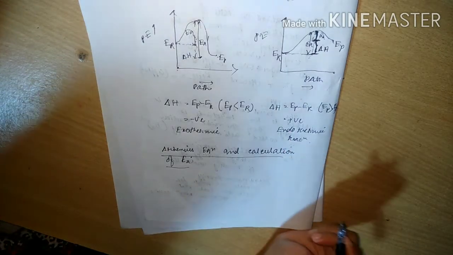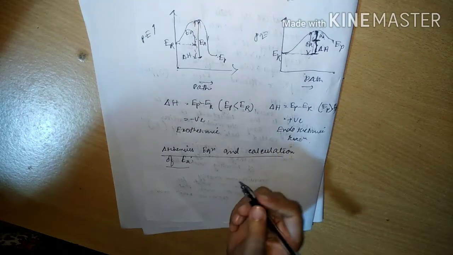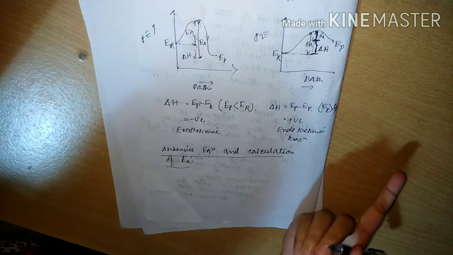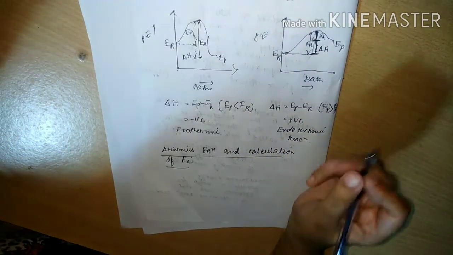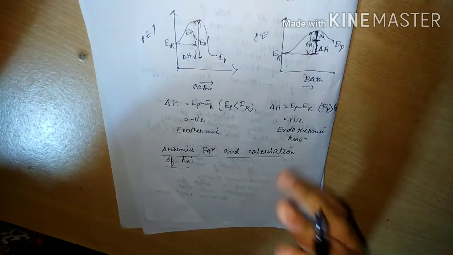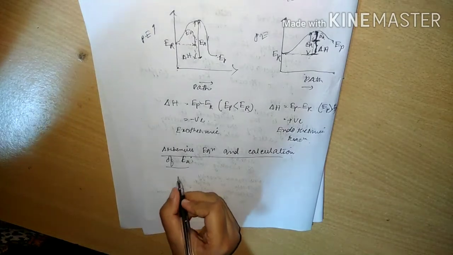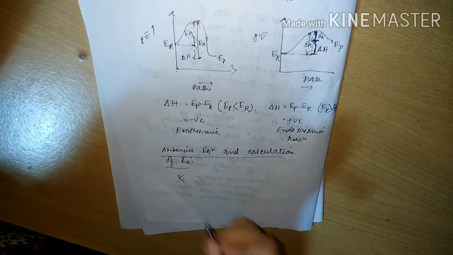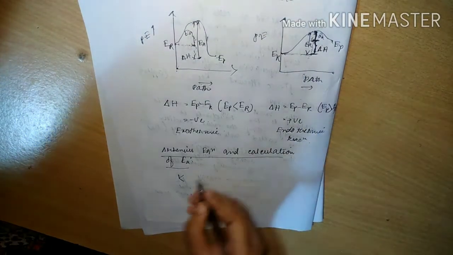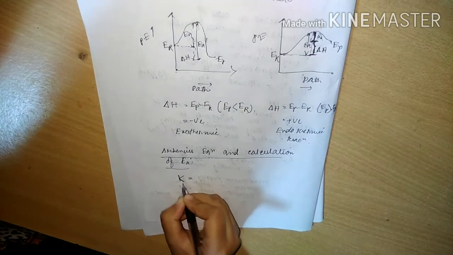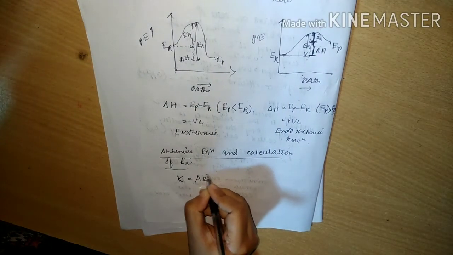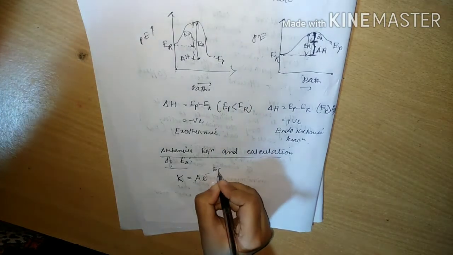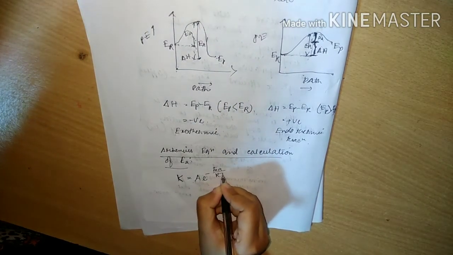Arrhenius was a scientist who proposed a quantitative relationship between rate constant, that is K, and temperature, T. We can represent it as K equals A into e to the power minus EA, that is activation energy, by RT.